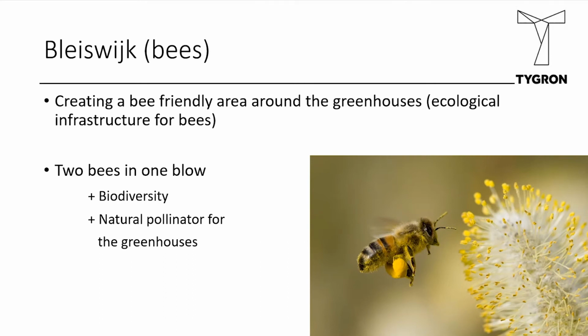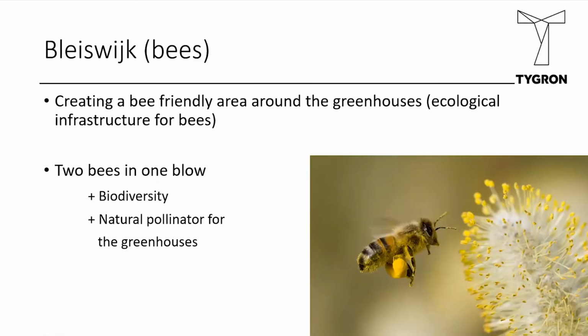And Bleiswijk is an area that has a lot of greenhouses, so a bigger amount of bees in the area is also good for the greenhouses there, because it's the natural pollinator, of course. And normally greenhouses pay to get bees in their greenhouse. So how nice is it if the area has a bit more bees?